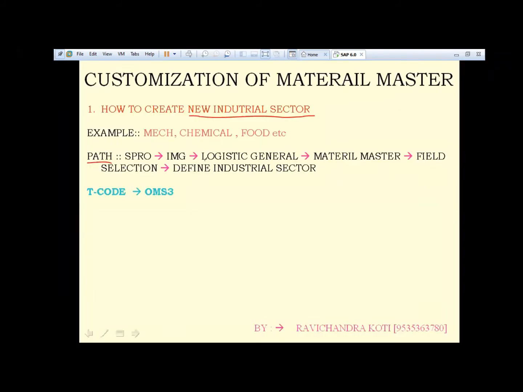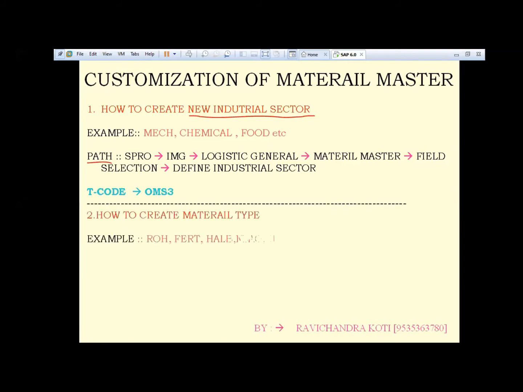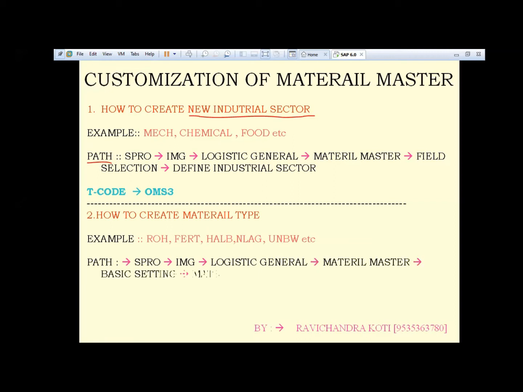How to do that? That is how to create the material type. Example: raw material ROH, and others like HALB, FERT, UNBW, etc. Two methods. One is the path: SPRO, IMG, Logistics General, Material Master, Basic Settings, Material Types, Define attributes of material types. Or direct T code OMS2.